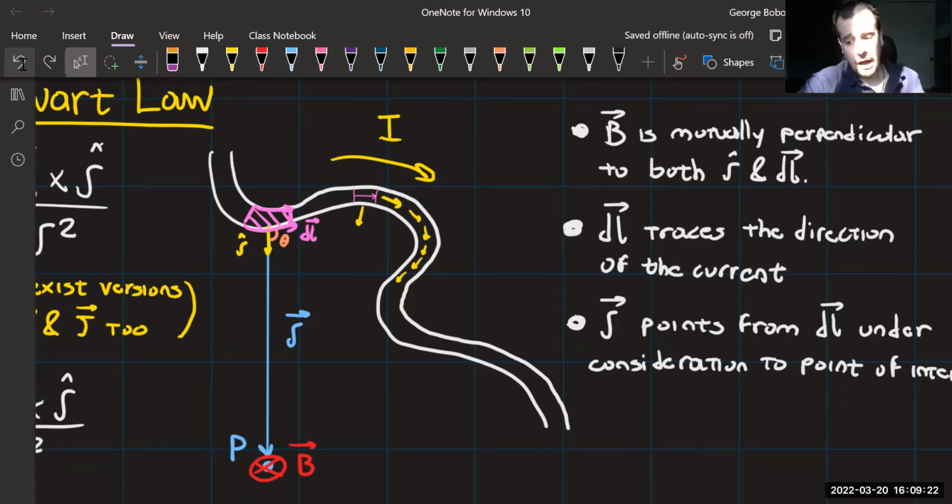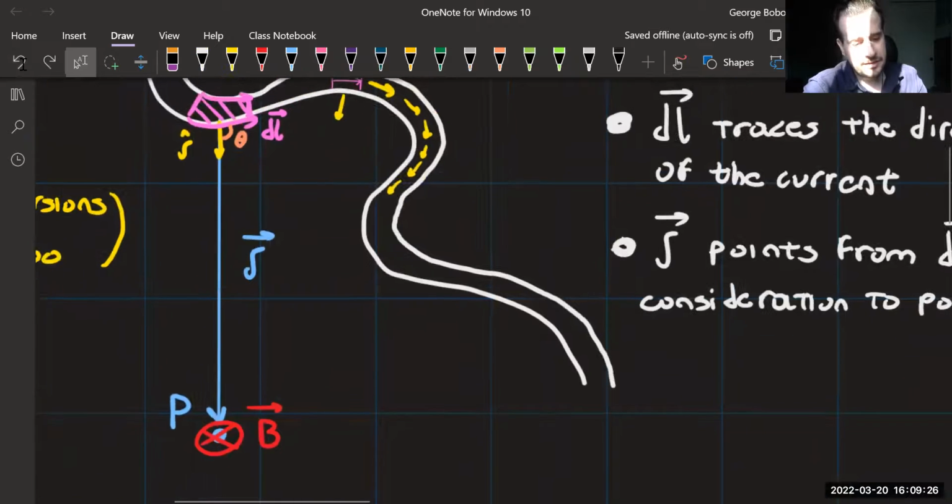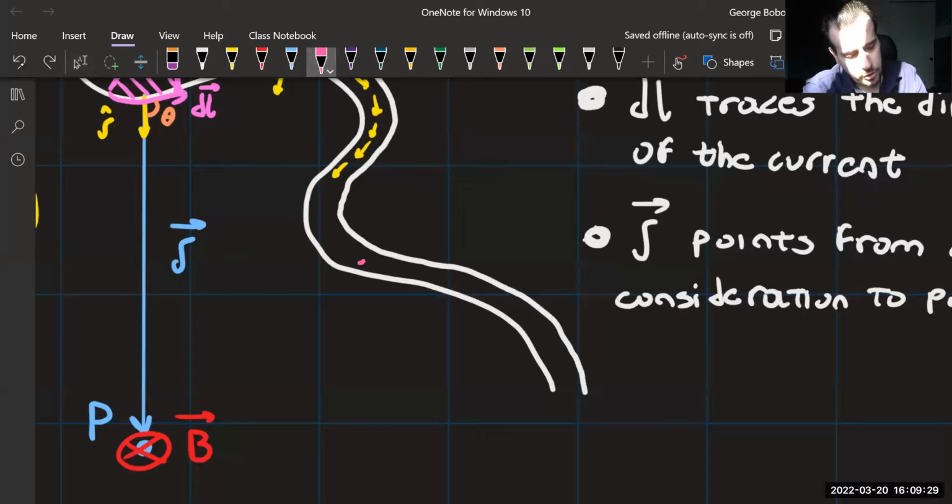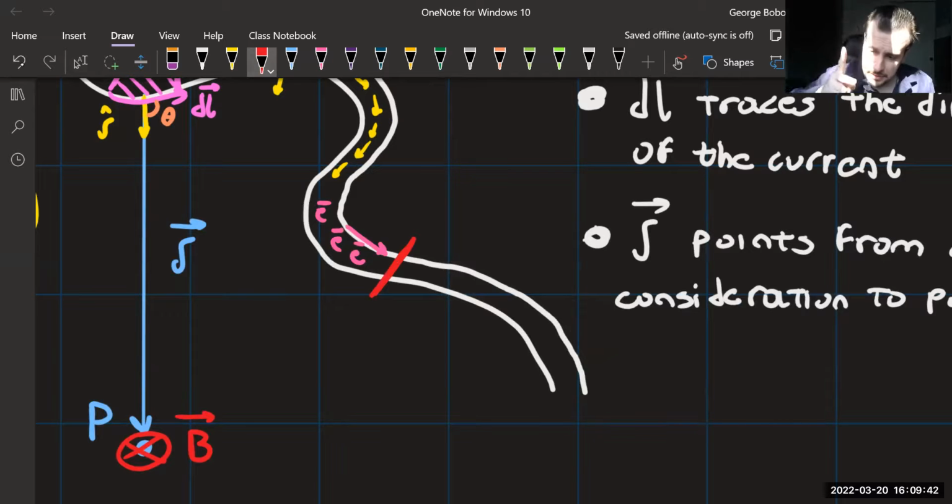So I want you to think of current in a very specific way. Think again of an electron over here, just moving down the wire. His buddies are following behind. What you're measuring is like you take a pair of scissors right now, snip the wire, and ask how many of these electrons are passing by this cross section that I made every single second.